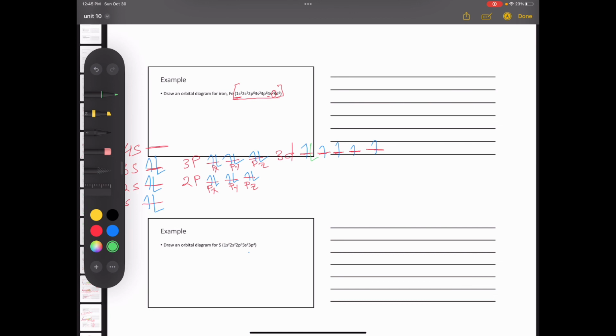So if you were to write, because I have seen people making common mistakes, 1, 2, 3, 4, 5. This is for the 3d. Some people, instead of writing 6 electrons for the d in this format, will do 1, 2, 3, 4, 5, 6. And that is incorrect because you still have 2 electrons that are not filled.